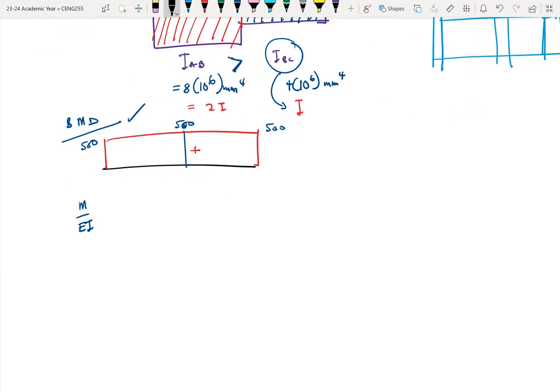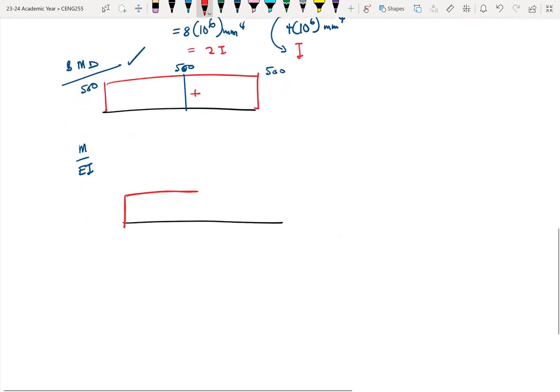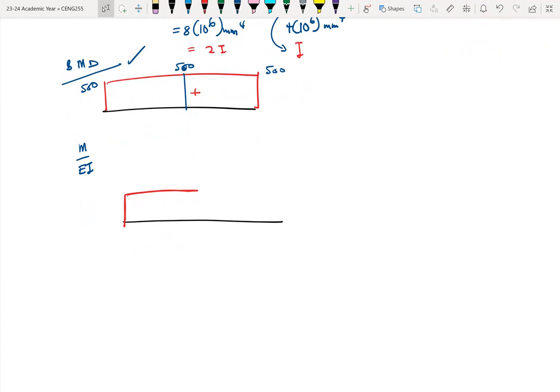Okay, so great. So now when I take the M over EI diagram, let me just break this down a little bit. Between A and B, the bending moment diagram is divided by its corresponding I. So between A and B, my M over EI diagram is actually M over what?